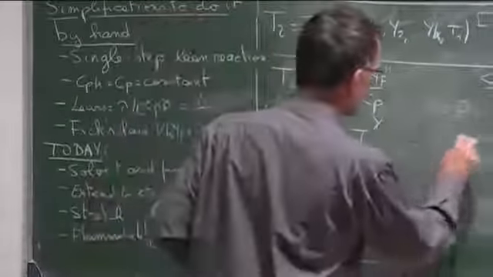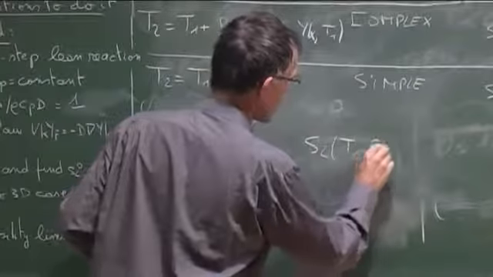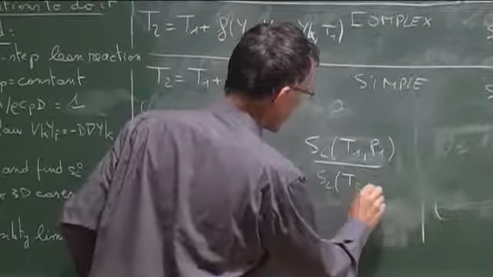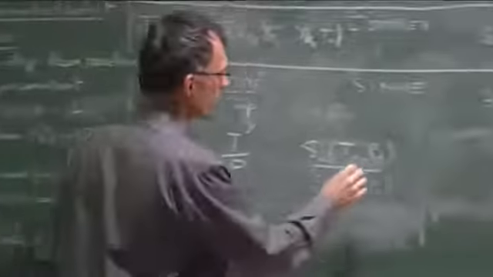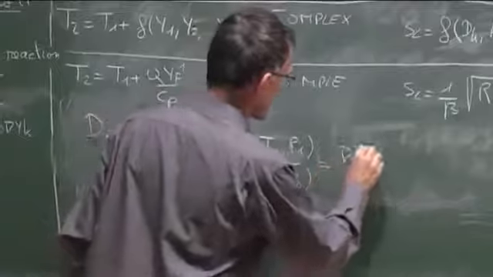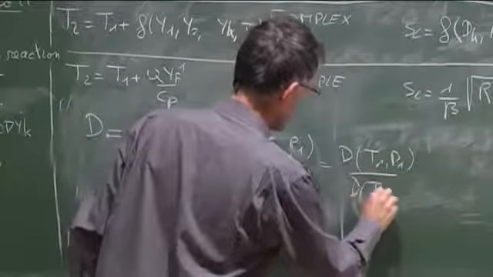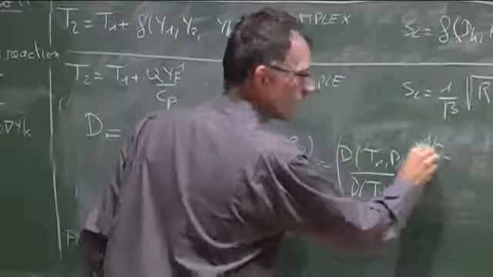So that tells you that the flame speed at a temperature T1 and P1 divided by the flame speed at the temperature T0 and pressure P0 is going to be proportional to the diffusion coefficient at T1, P1 divided by the coefficient at T0, P0, to the power 1/2.